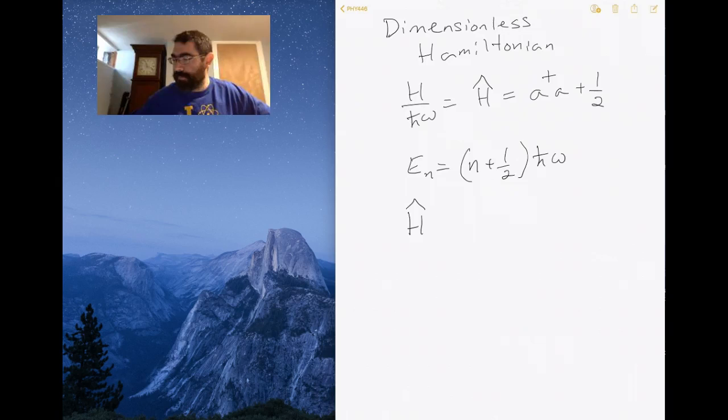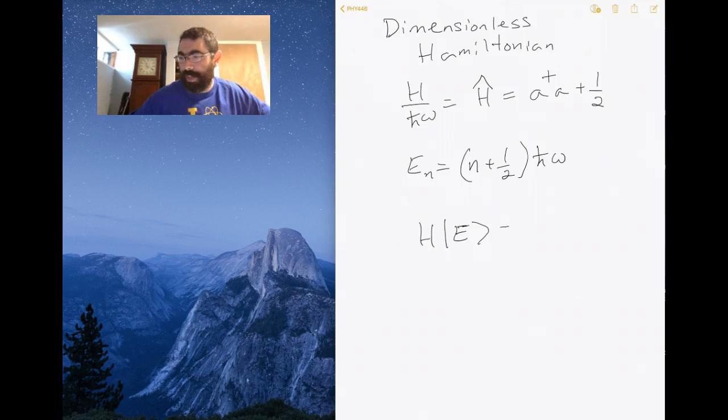Okay, so if I use the dimensionless Hamiltonian, let me go back. If I take my Hamiltonian and operate on an energy eigenvector, that should give me the total energy times the state back again, as an eigenvalue problem.